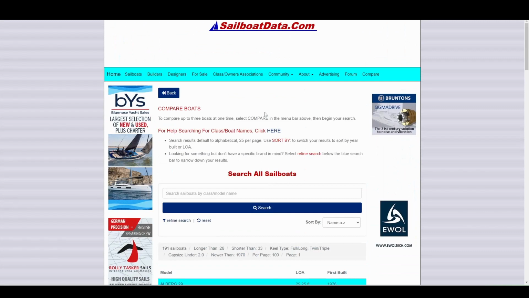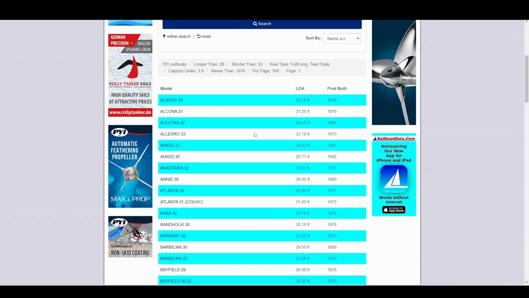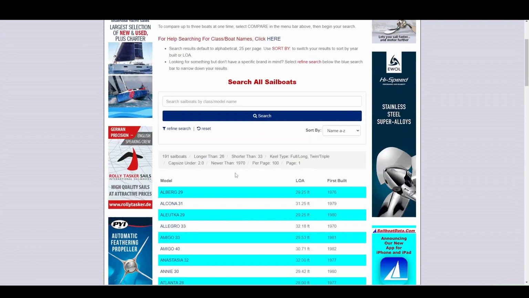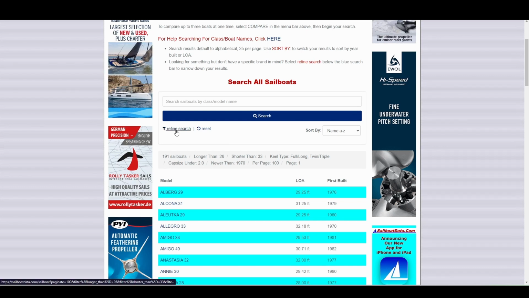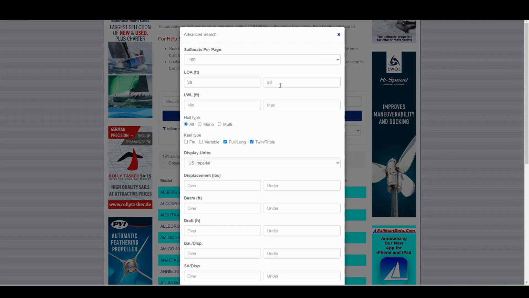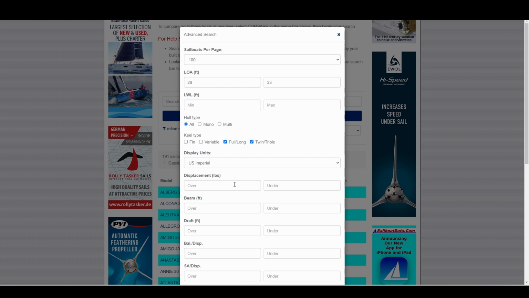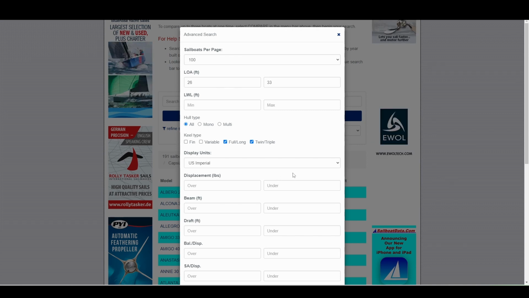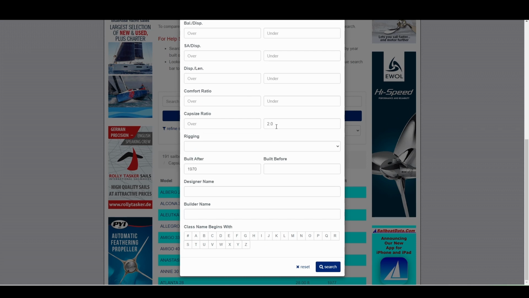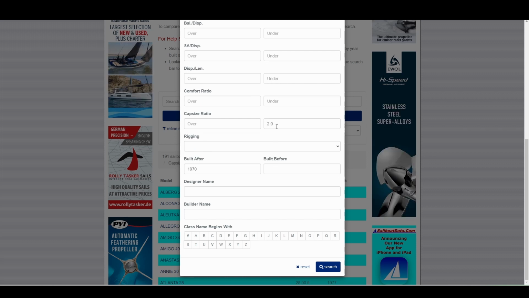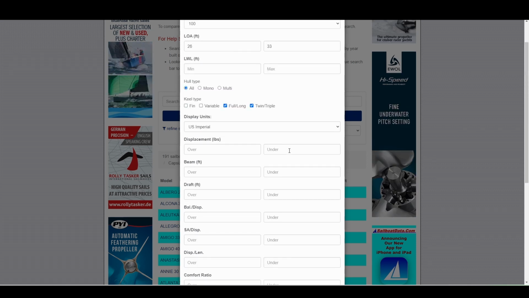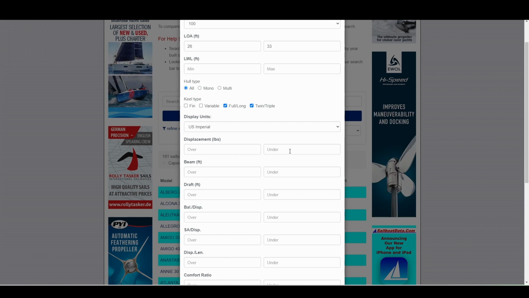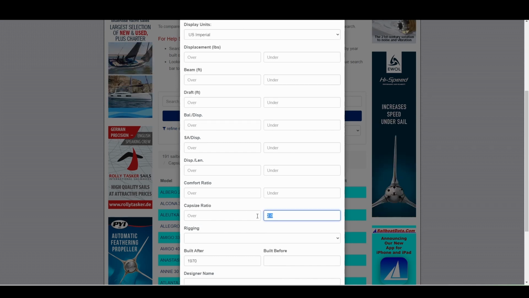So now let me go again through the criteria. We haven't defined the displacement, because there's nothing in this field that has a capsize ratio under 2.0 and at the same time would be trailerable under 4,000 pounds. So that's not going. Let's make another try.